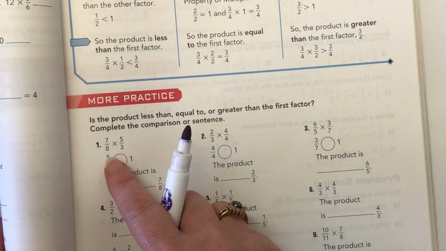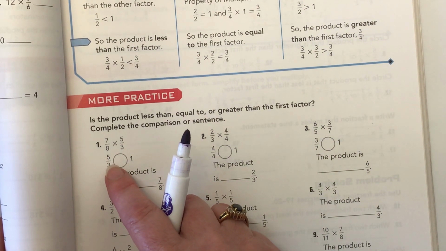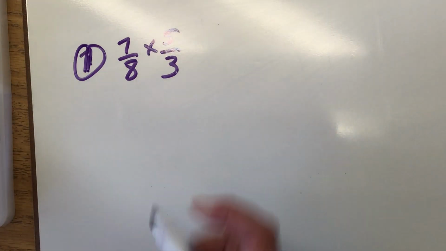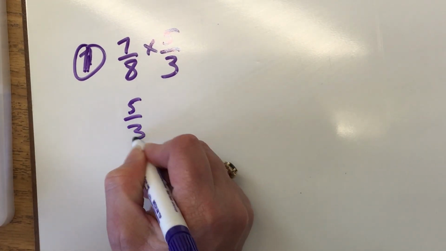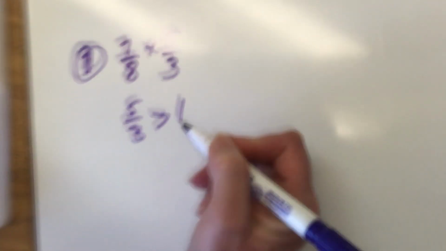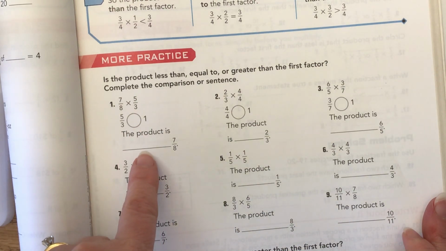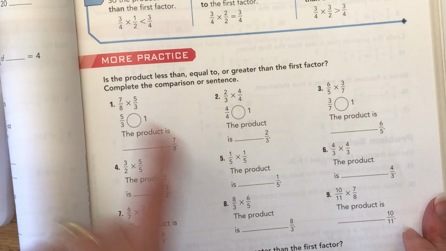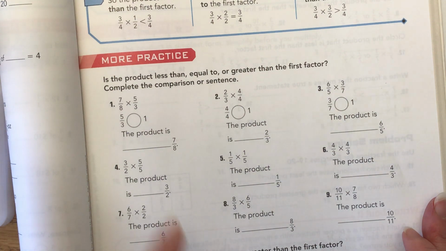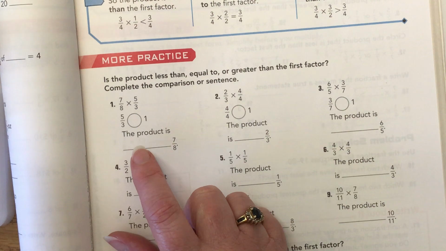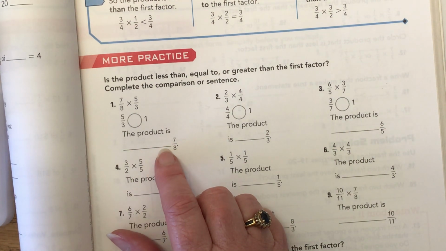Well, my numerator is more than my denominator. 5 is greater than 3. So 5/3 is greater than 1, which means that my product, when I multiply, is going to be greater than 7/8 because I'm multiplying by a number that's greater than 1. So right here, you'll write the product is greater than 7/8.